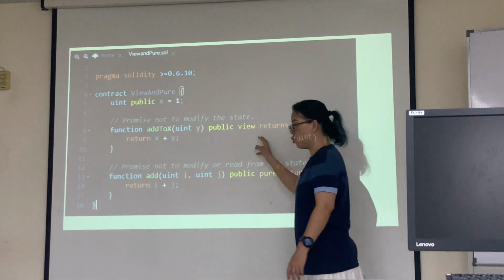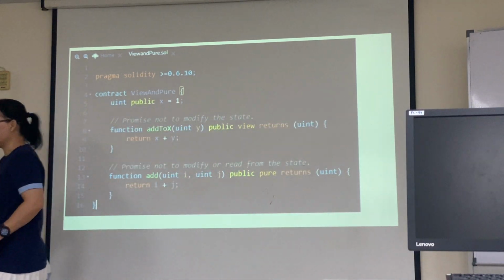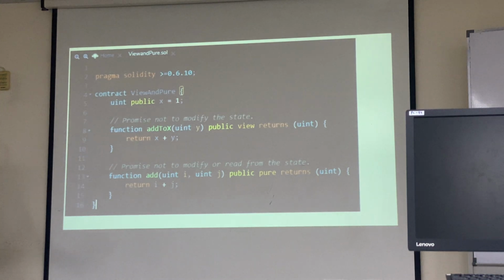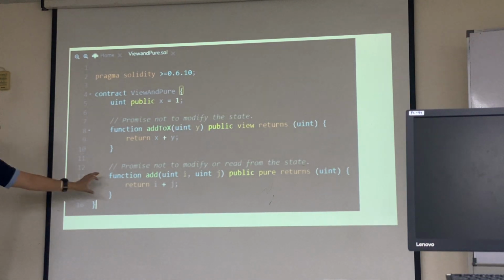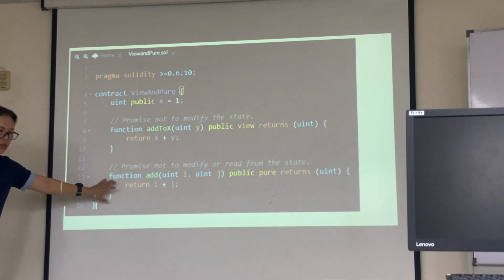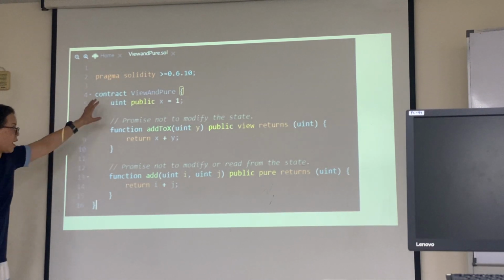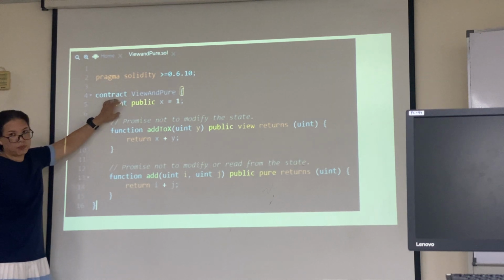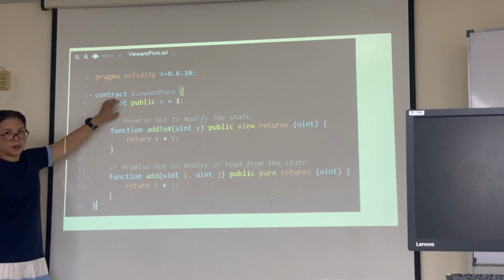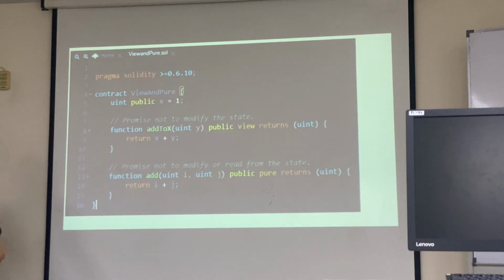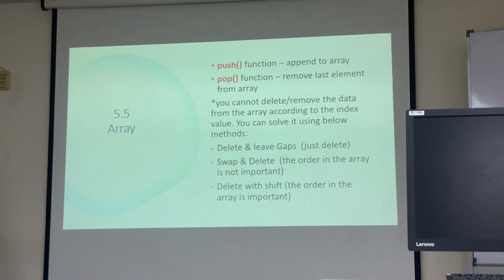So this is the pure and view difference. Pure totally cannot touch your state variable. Inside your code here, you cannot read or modify any state variable that you have here. Remember, this is permanent data stored inside the storage of the node.